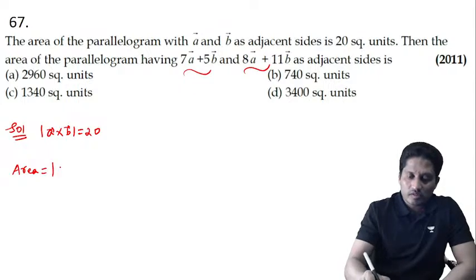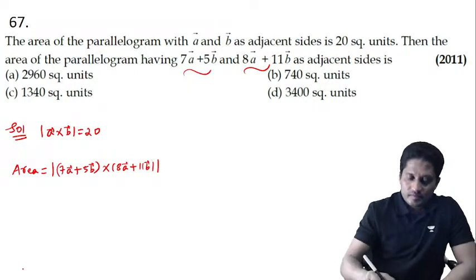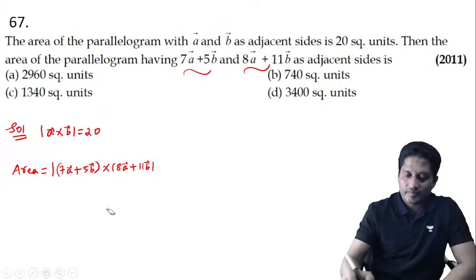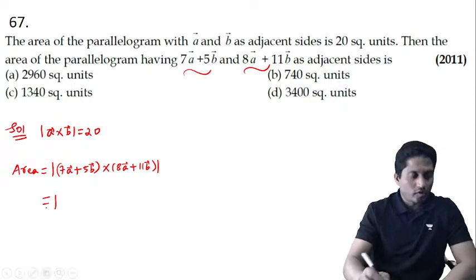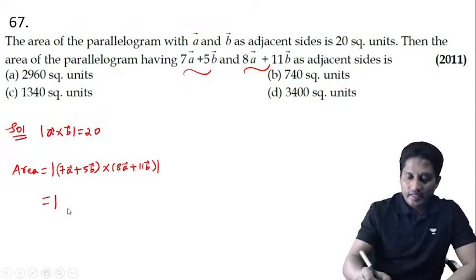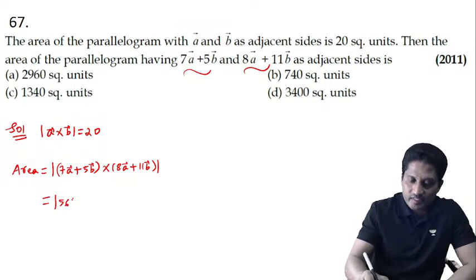Area is equal to modulus of (7A plus 5B) cross (8A plus 11B). Now if I find the area of this, it will be equal to modulus of 8 sevens are 56, 56 A cross B.